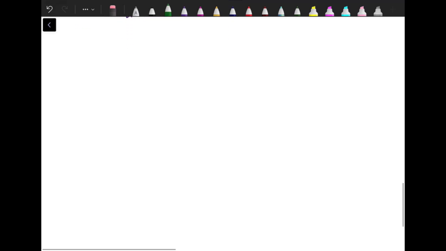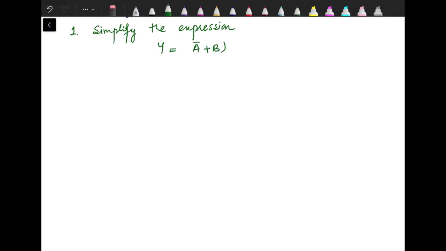The first example is: simplify the expression y equals (A complement plus B) into (A plus B).